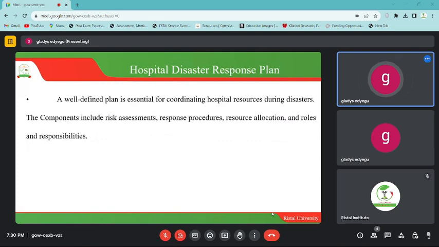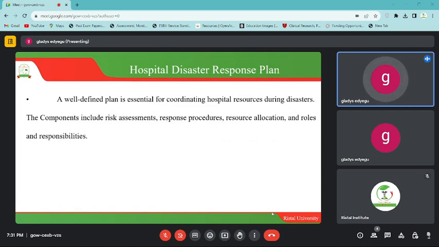So, the hospital disaster response plan: in everything that you need to do, you always have to draw a plan. A well-defined plan is essential for coordinating hospital resources during disasters. The components include risk assessments, response procedures, resource allocation, and roles and responsibilities of different individuals in the team. It is very important to have this plan in all our hospitals and health facilities.